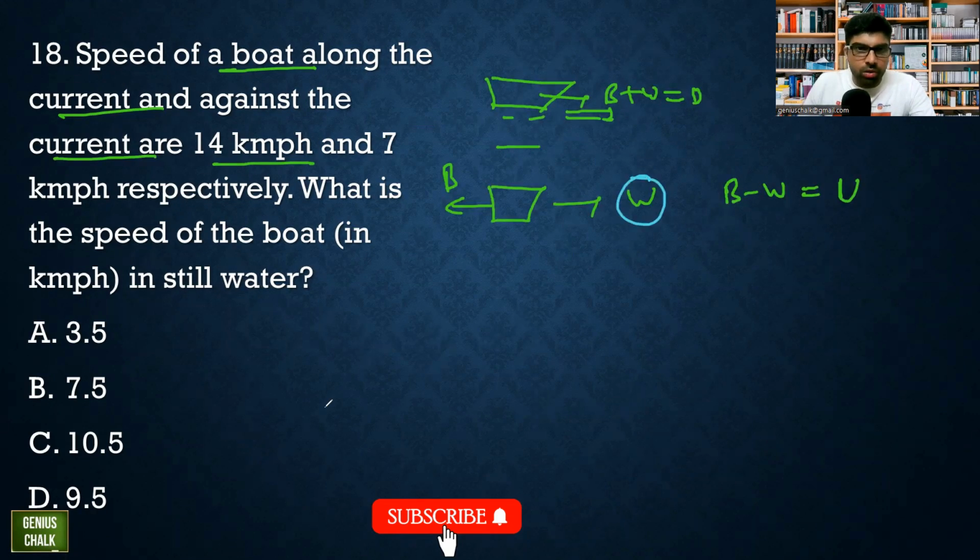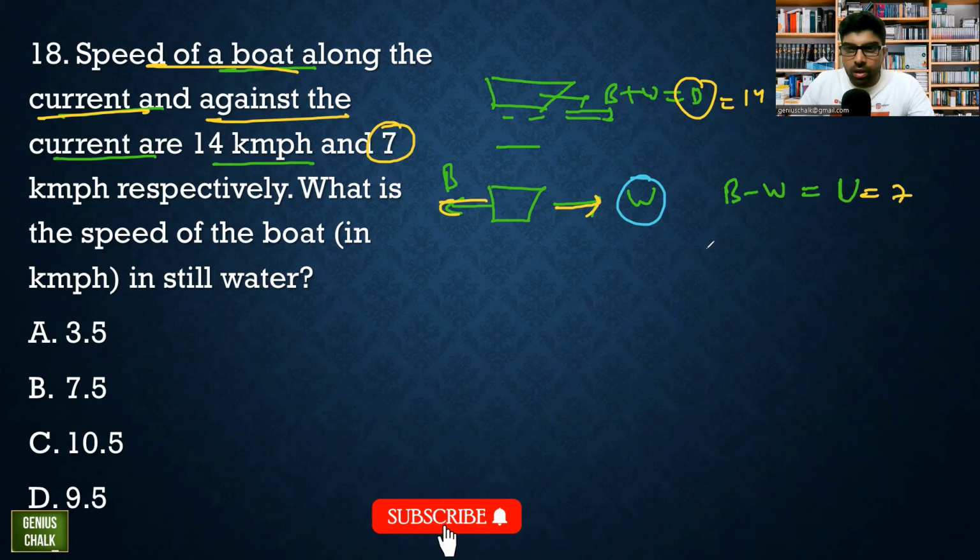So the speed of a boat along the current, that means downstream speed, is 14, and 7 kilometers against the current. Against the current means the water is going this side and you are going the other side. If downstream is given, that means B plus W is 14.